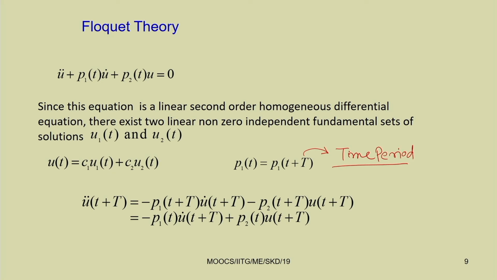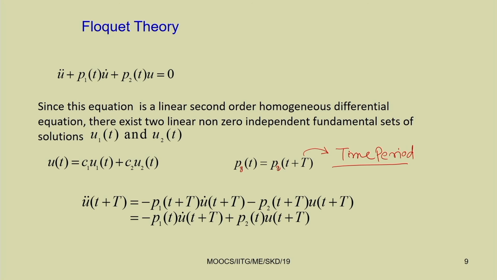So, for i equal to 1 and 2, p_i(t) equal to p_i(t plus T). Now, after one cycle let us see what the response will be.